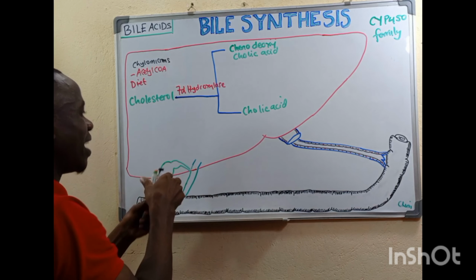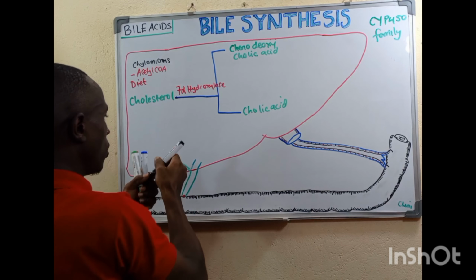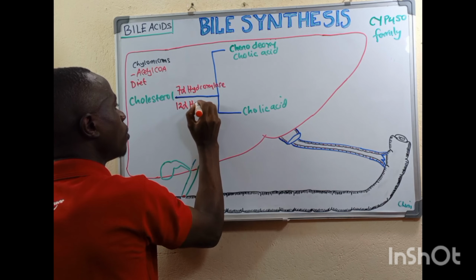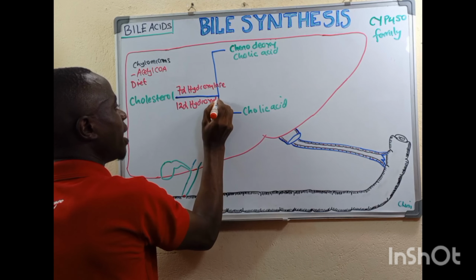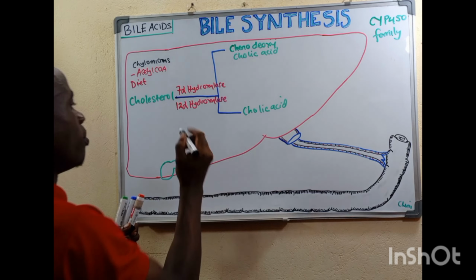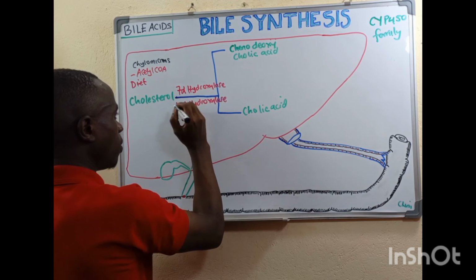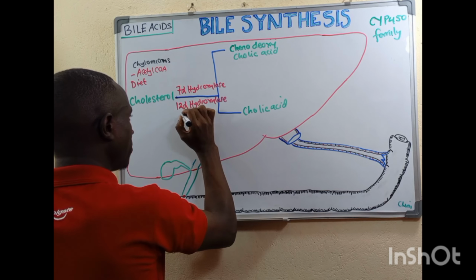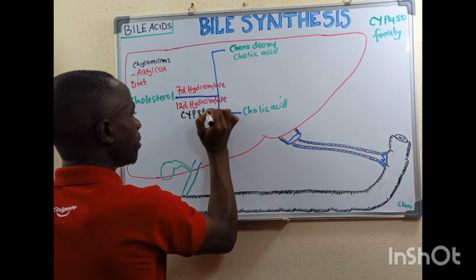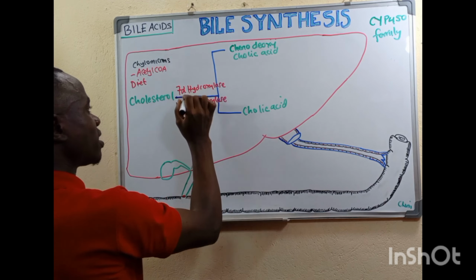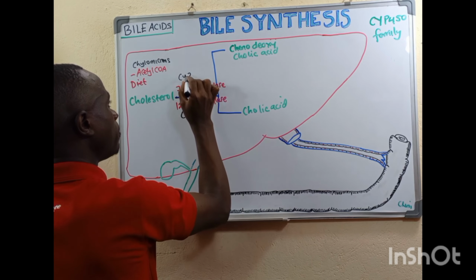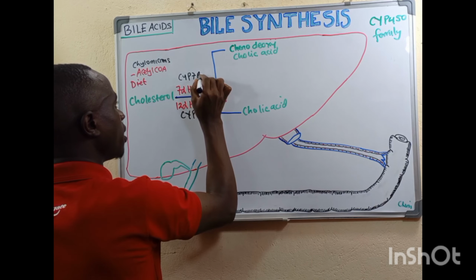Besides that, we also have another enzyme which we call sterol 12-alpha hydroxylase. You may even write it like CYP8B1, and then this one, 7-alpha hydroxylase, you can write as CYP7A1.